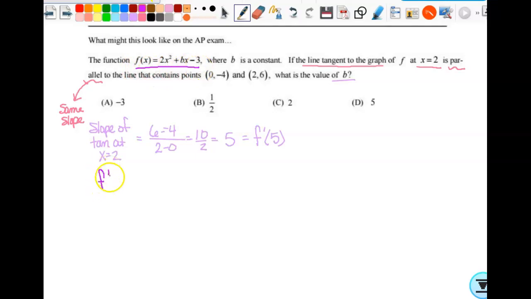So f prime of x is equal to 4x plus b. Okay. So I'm looking for b, right? What is the x value where b is concerned?